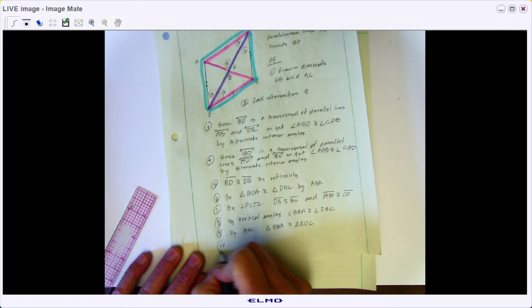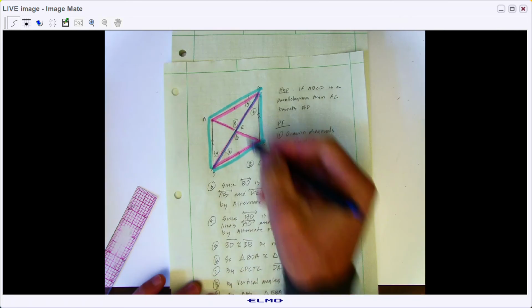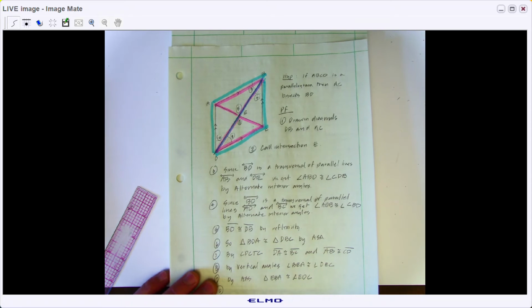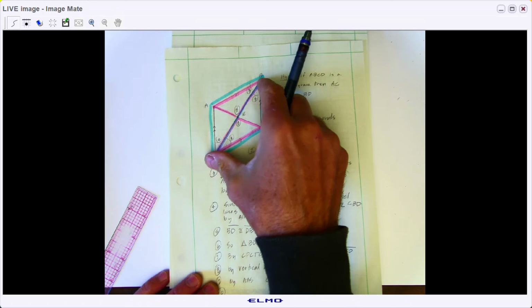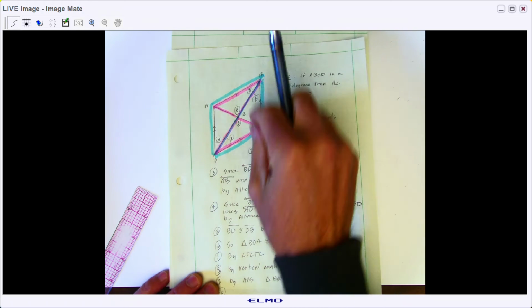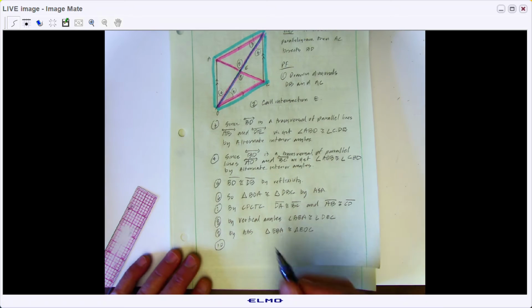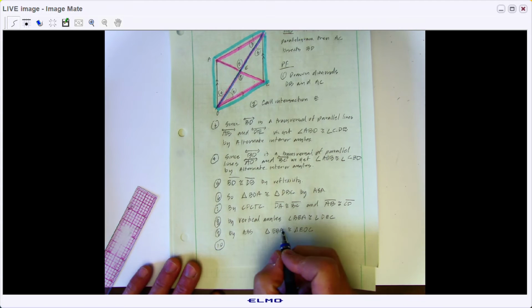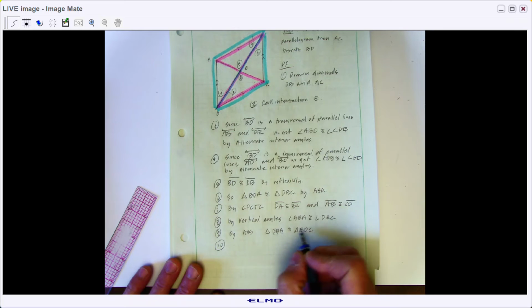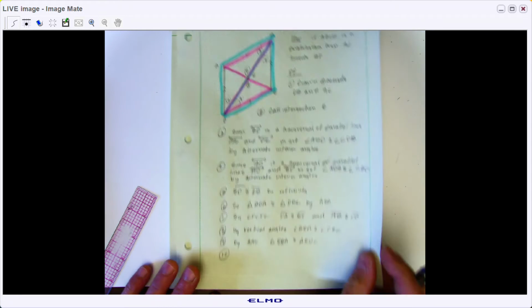And I guess the last thing is to get down to what we're trying to prove, that these diagonals bisect one another. So we should be able to make a statement now by CPCTC that this diagonal is bisected at point E and this diagonal is bisected at point E. So let's just see if that's the case. At point E I have EB equal to ED. That makes sense.